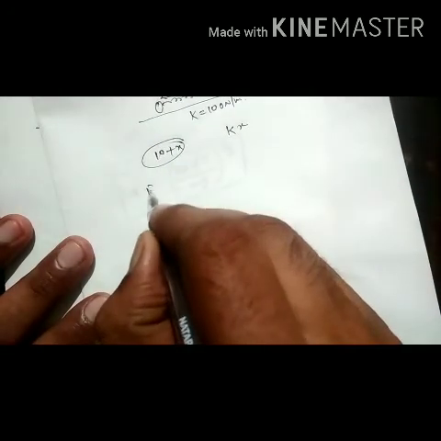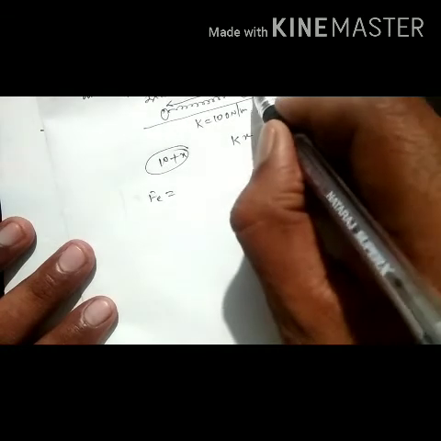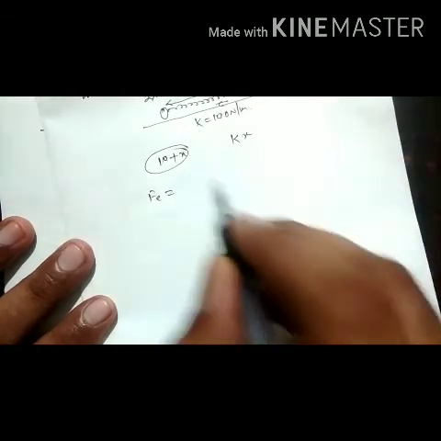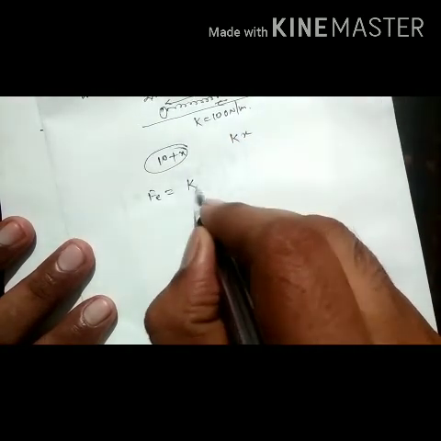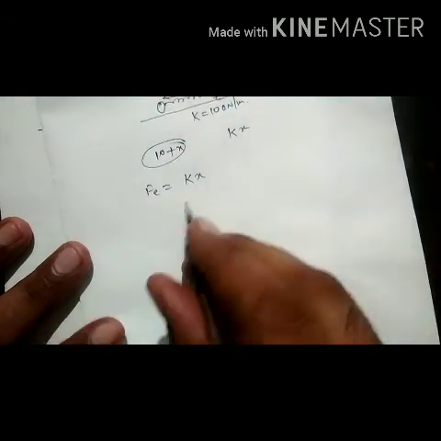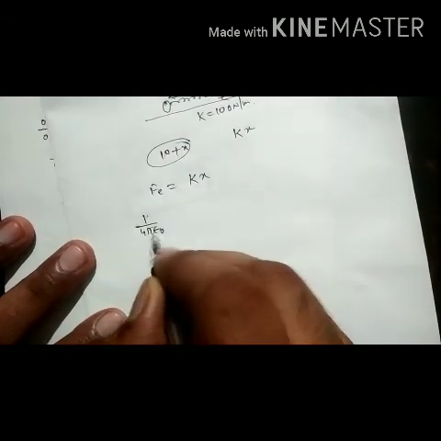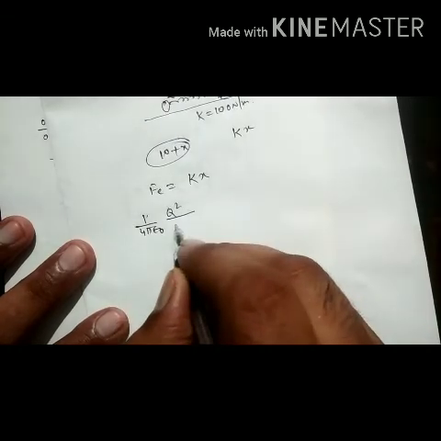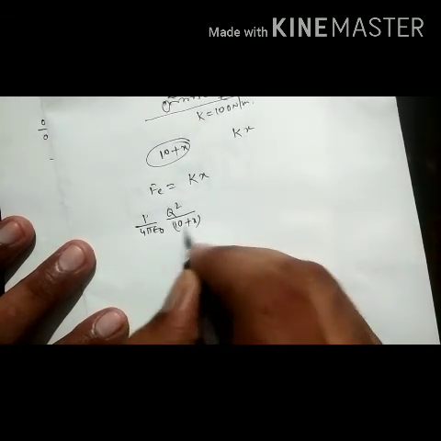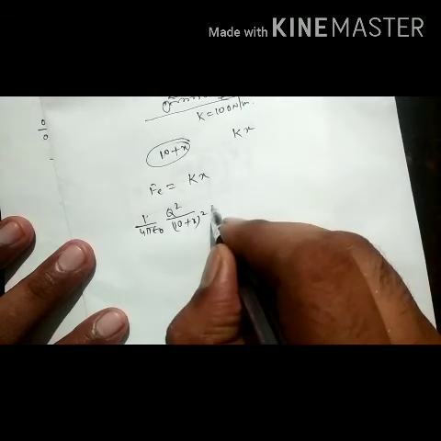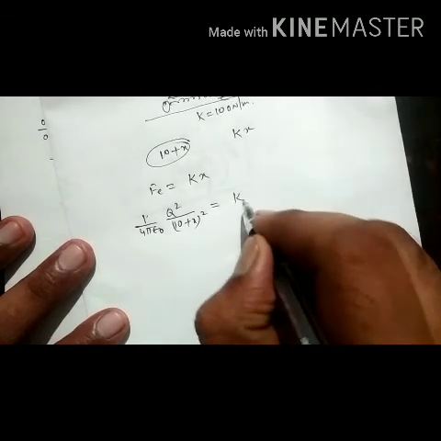So I will write: electrostatic force is equal to, in equilibrium, the spring force, which is equal to k into x. So here the constant k means 1 by 4 pi epsilon naught, q square by 10 plus x whole square, is equal to k into x.